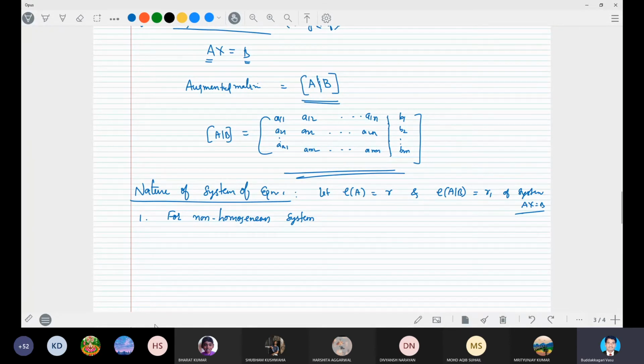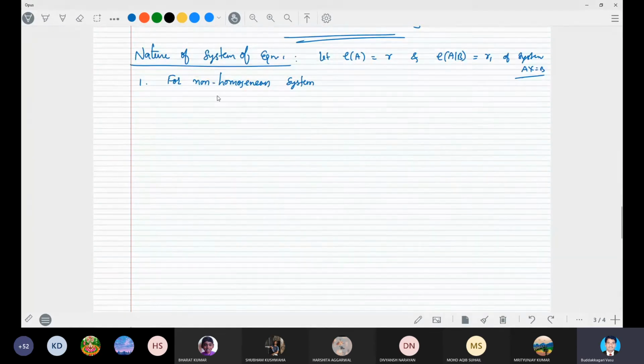We will discuss the nature of the non-homogeneous system, Ax = B where B is non-zero: at least one entry in B is non-zero. If all are zeros, it becomes a homogeneous system.